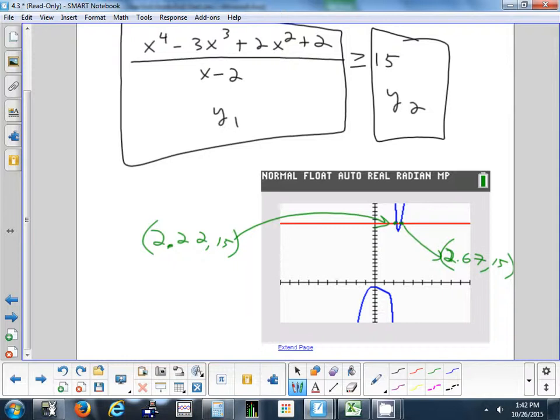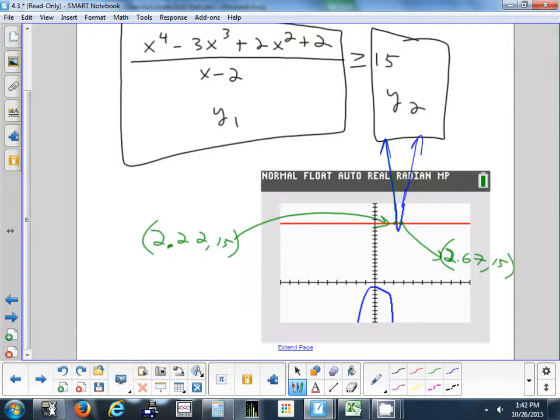All right, so now how would I write where I'm above 15? Keep in mind, above 15 is anywhere, I'll do it in blue, that's just going to keep going, and that's going to keep going. From infinity to 2.22.